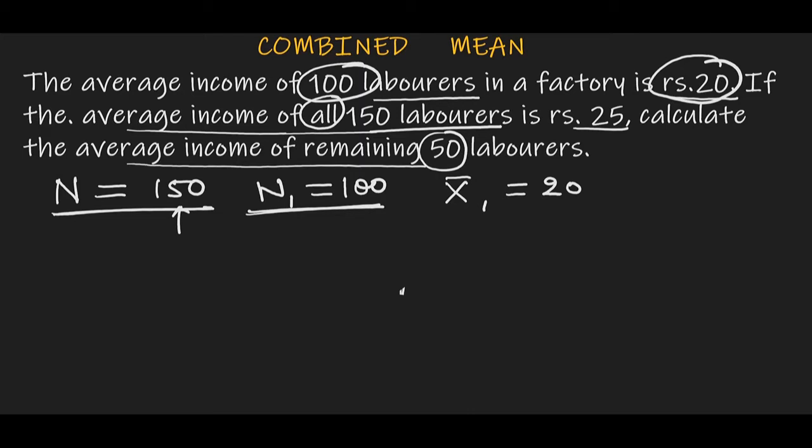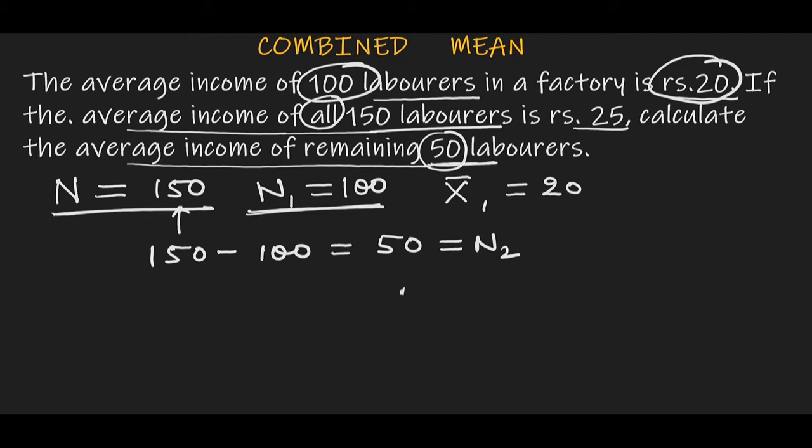150 minus 100 is equal to 50. That is those workers who are left. So this 50 is N2. So the remaining workers are 50 laborers as we can see in the question.